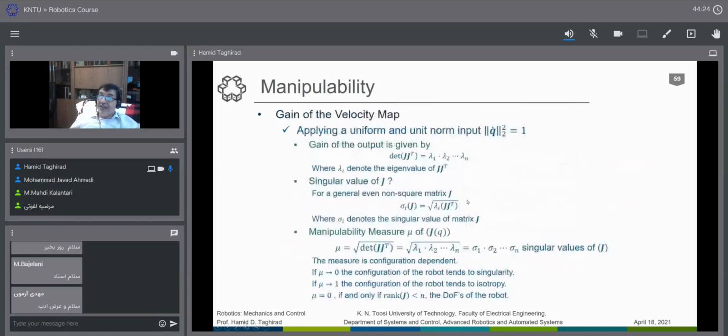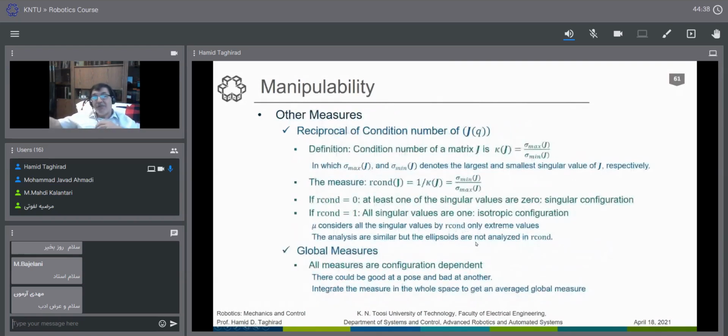Mu has all the singular values multiplied by each other, so it gives all the directions of the ellipsoid, but here we have only the maximum value to the minimum value, or the minimum value to the maximum value if we consider arcant.